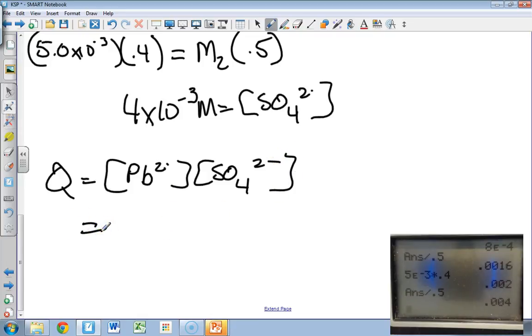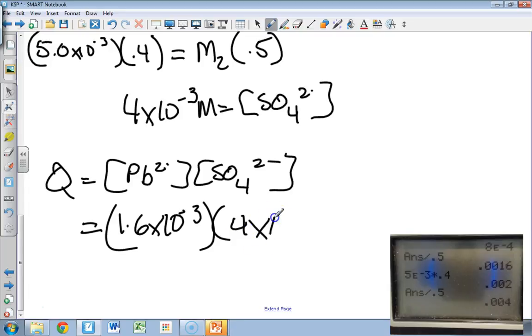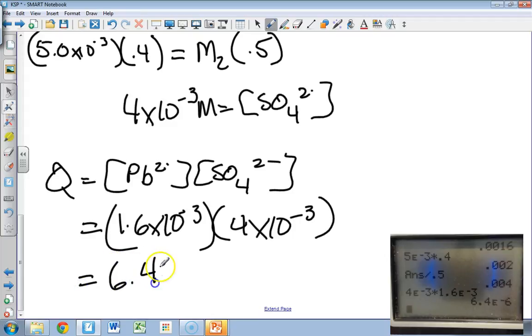And so that's going to be 1.6 times 10 to the minus 3 times sulfate, 4 times 10 to the minus 3. And we multiply those together, and we get 6.4 times 10 to the minus 6.